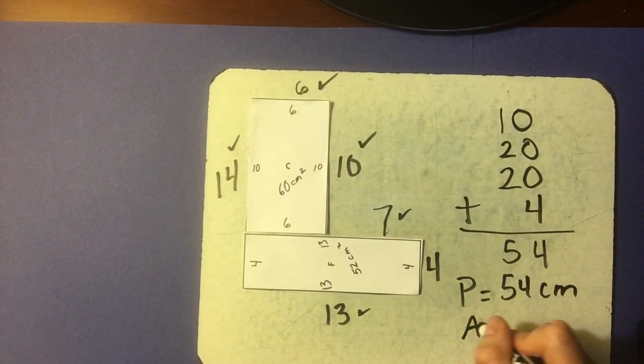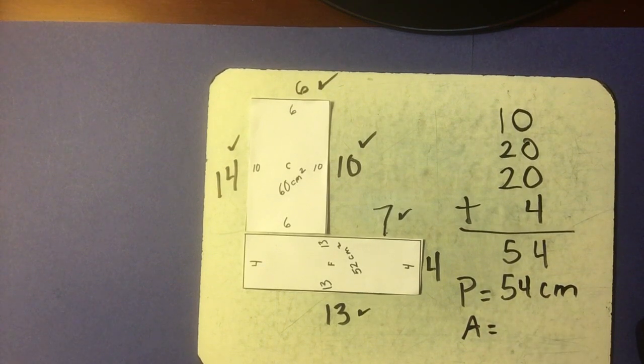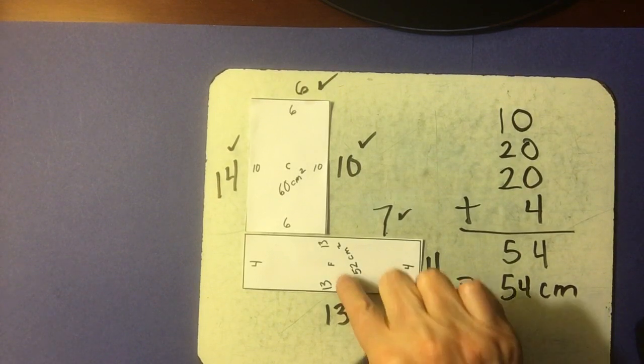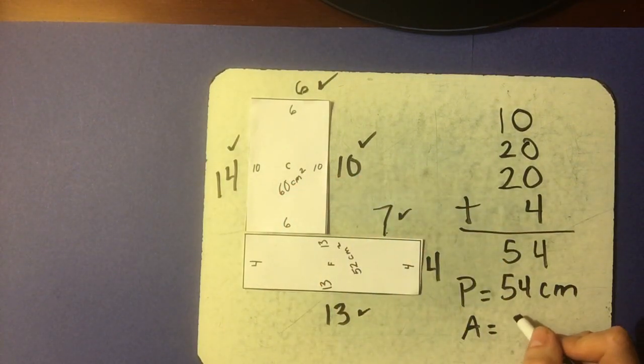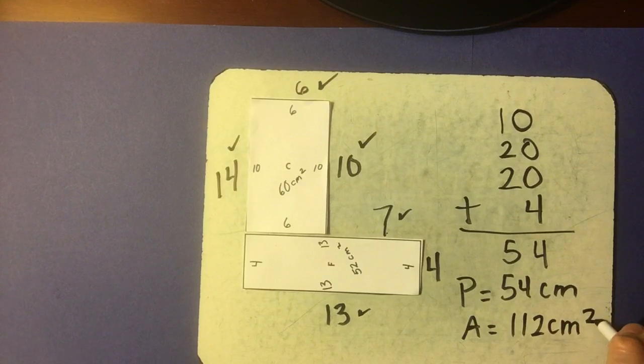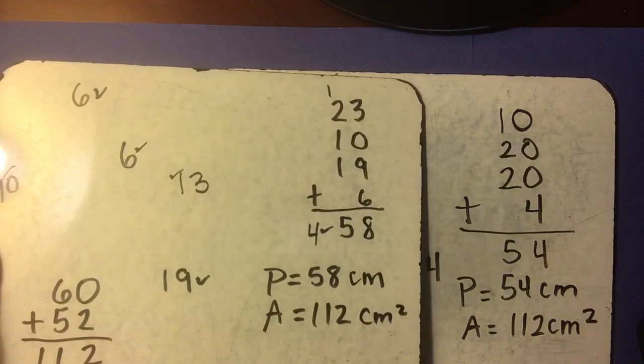And my area is, what's my area? Has the area changed? The perimeter has changed, but the area is still 52 plus 60, which is 112 centimeters. Okay, so let's go ahead and take a look at our differences here.